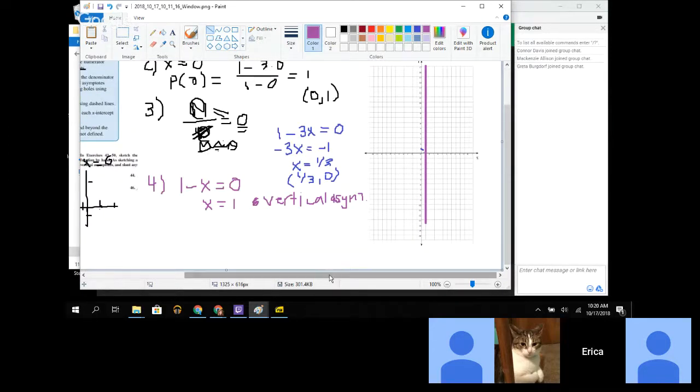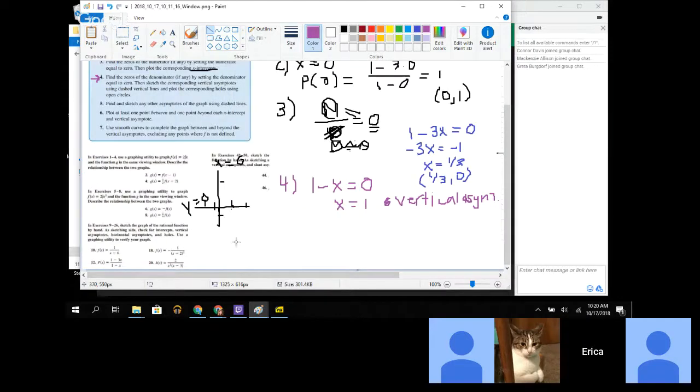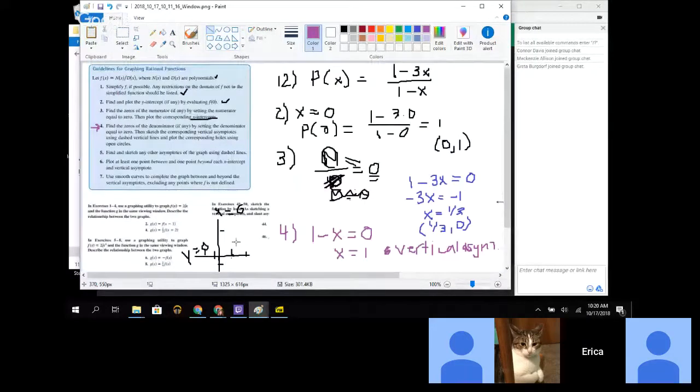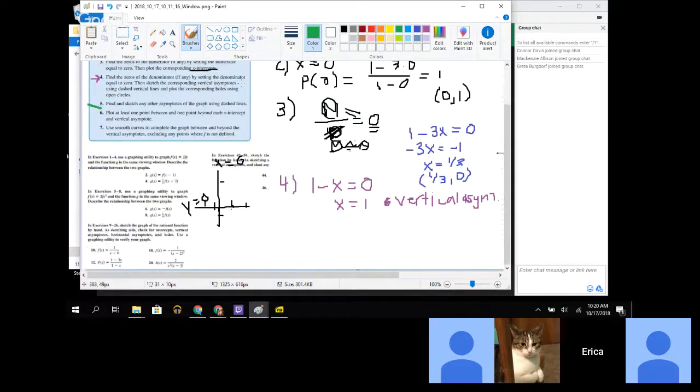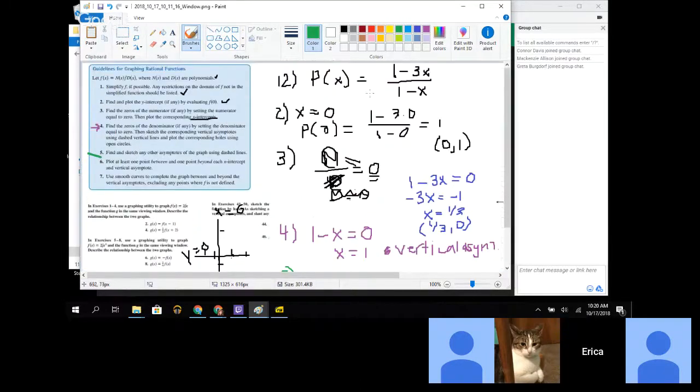Okay. What do you guess step 5 is going to be? Step 5 is going to be find and sketch any other asymptotes of the graph using dashed lines. So any other ones would be my horizontal asymptotes, right? I find my horizontal asymptotes by looking at my exponents of my equation and comparing them.